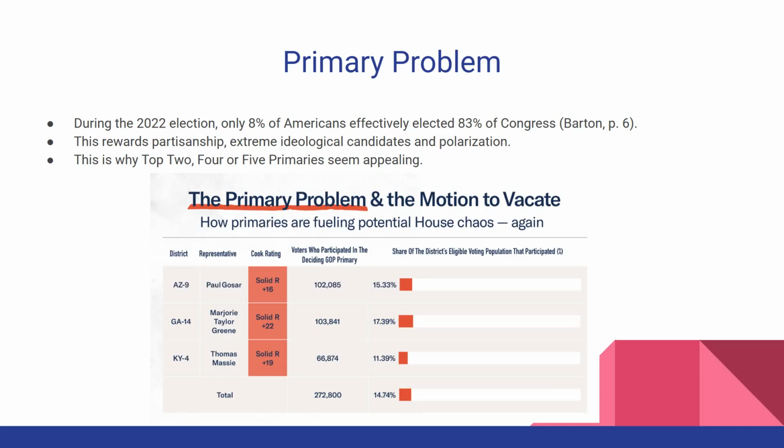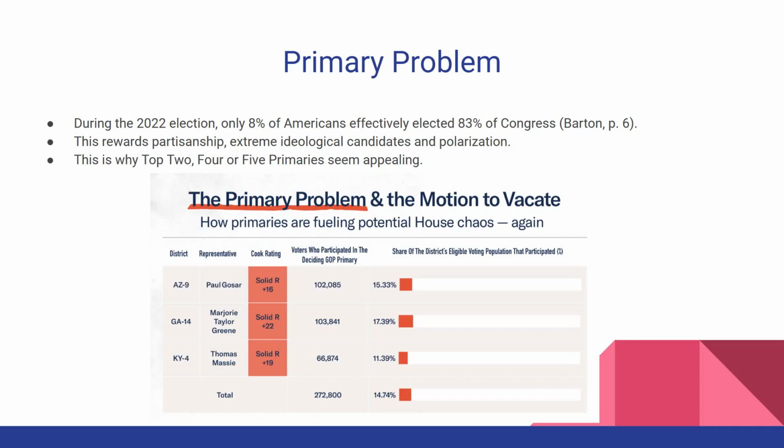The idea behind jungle primaries or all-candidate primaries that are open to everyone is that it would disincentivize the extremes, reduce partisanship, and incentivize candidate moderation as well, which would thus lead to a more functional, representative, accountable, and responsive government.